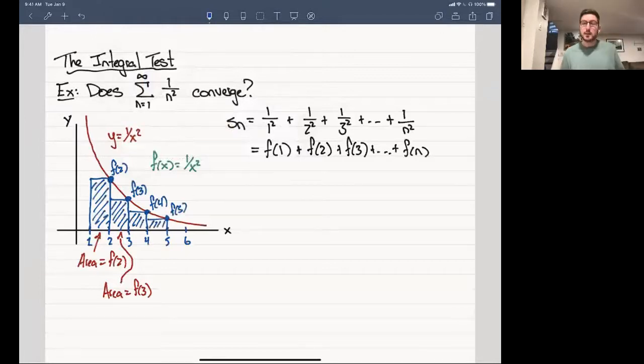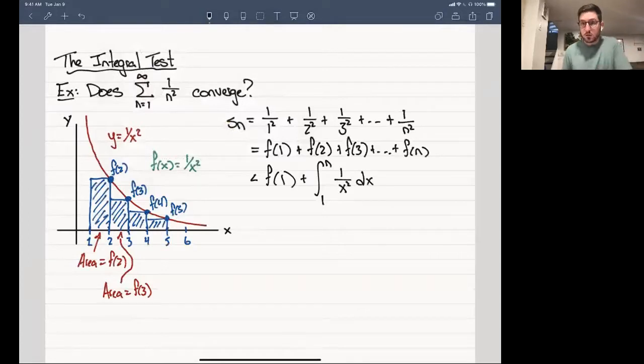And the point is, if I sum up all the areas of these rectangles, it's smaller than the area under the curve from 1 up to the number I sum to. Alternatively, this is smaller than f of 1 plus the integral from 1 to capital N of 1 over x squared dx.